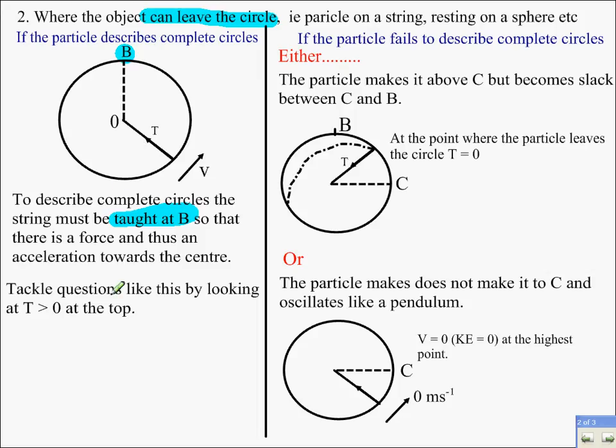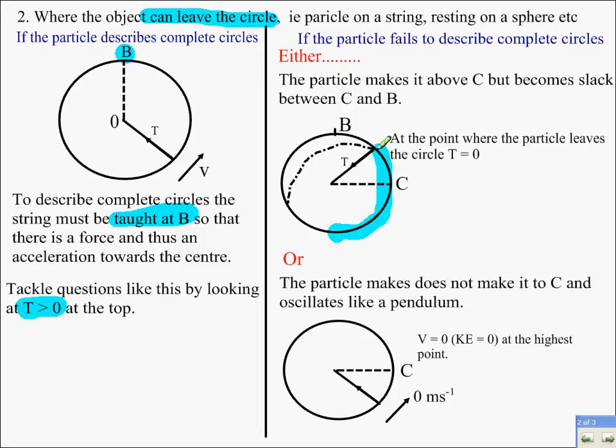So all you look at doing is, at the top, have the condition that T must be greater than 0 and incorporate that into your equations. Okay, now that's if it completes full circles. What about if it doesn't? Well, you've got the option, it makes it to B and all the way round completes. Most of the time it'll be projected from the bottom here.